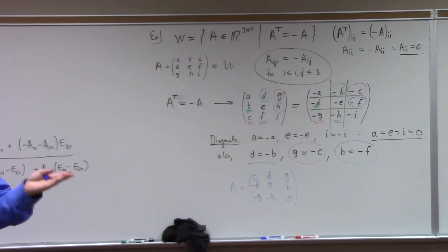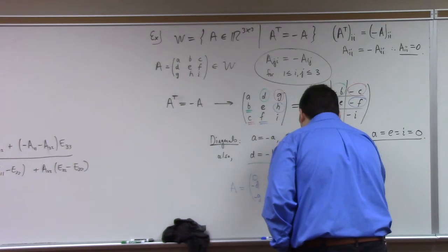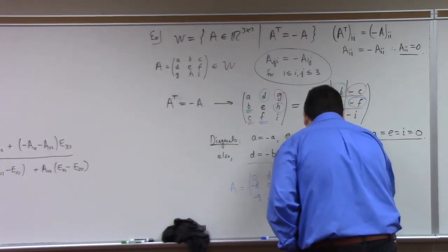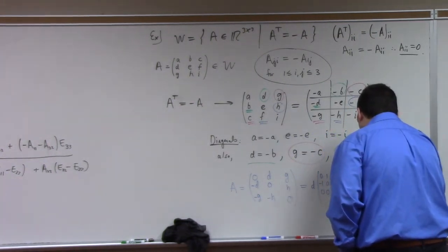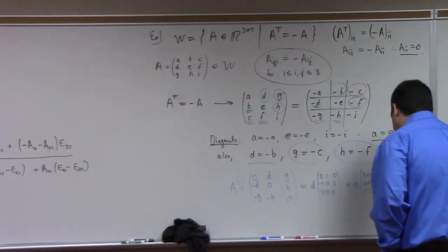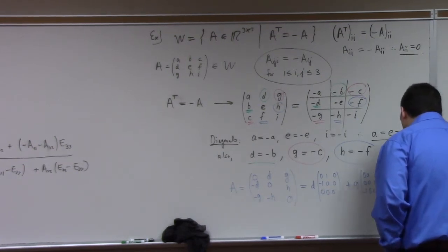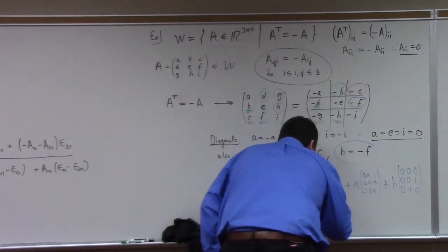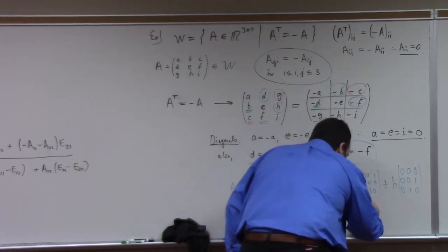Once I've done that, then it's easy to see what the basis is. In fact, those minimal parameters that are left over, those are exactly the coordinates with respect to the basis I'm about to write down.